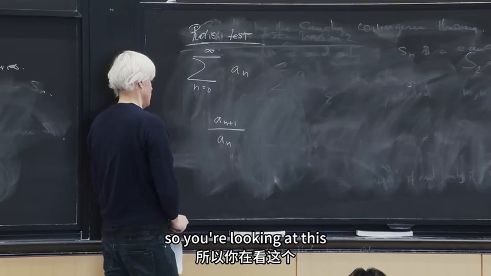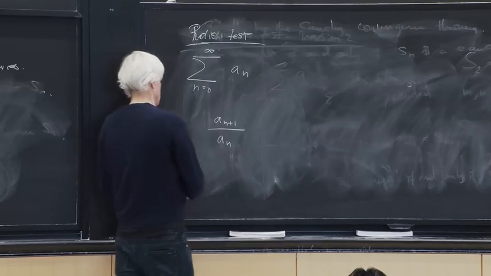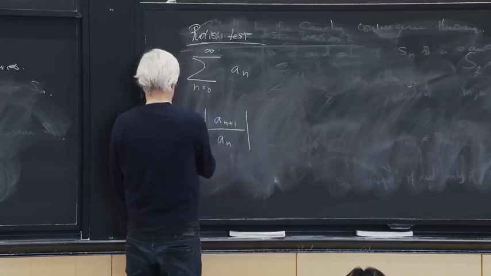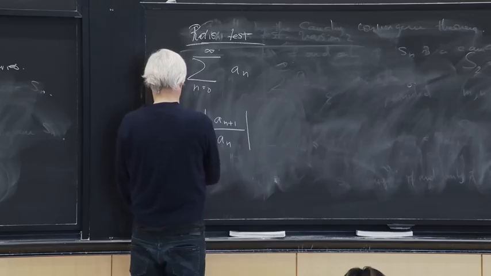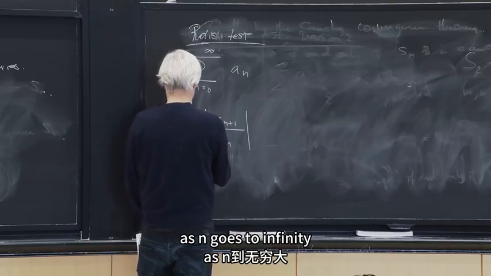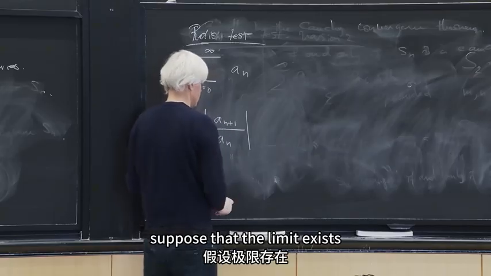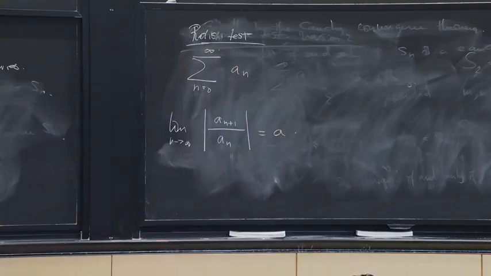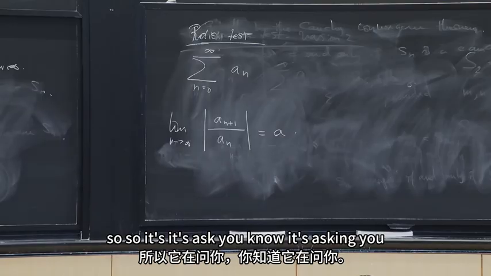Right? So you're looking at this, and you're looking at the absolute value of this. And you're asking if the limit here as n goes to infinity exists, suppose that the limit exists, and let's say that the limit is a.